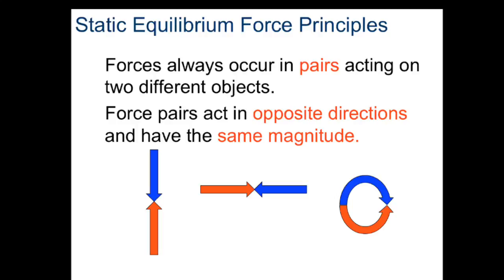Force pairs act in opposite directions and have the same magnitude if we're in static equilibrium. So if something is not moving, like a ball on the ground, there's the force of gravity and the force of the ground pushing back up so that the ball doesn't move at all.